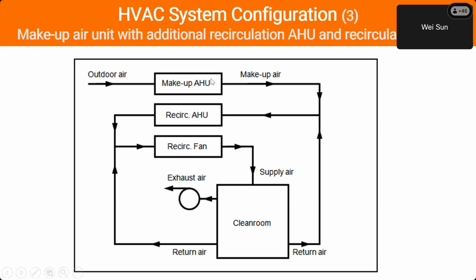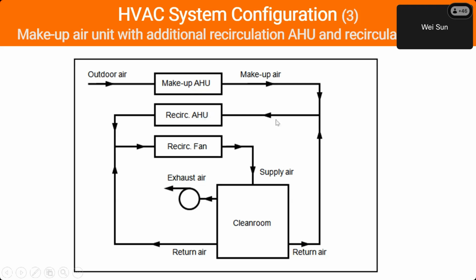The reason we have two AHUs is this makeup AHU basically is to treat the outside air, especially during the cooling summer, winter season. So the outside air makeup AHU will take a lot of heating, cooling load to treat the outside air.